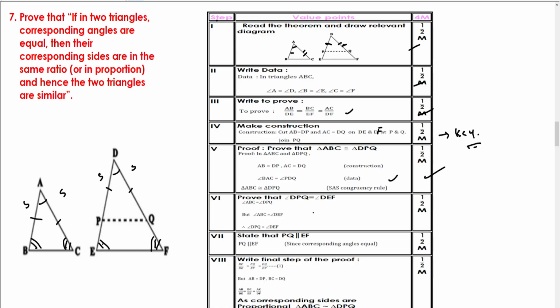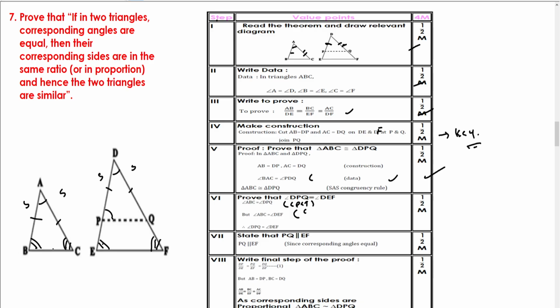When these two triangles are congruent, you can observe that angle ABC will be equal to angle DPQ, because of CPCT, corresponding parts of congruent triangles.